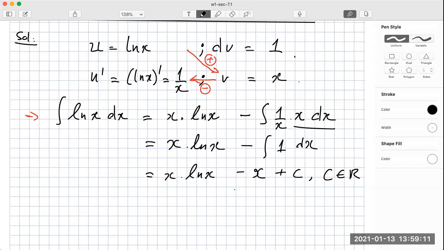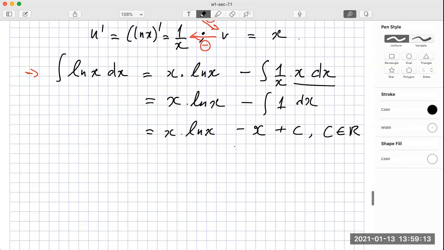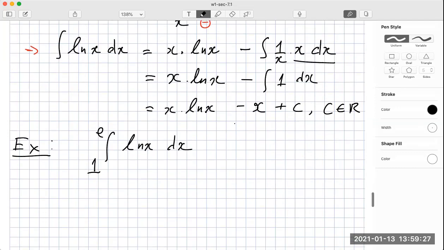Suppose we are computing this guy from the interval from 1 to e, right?